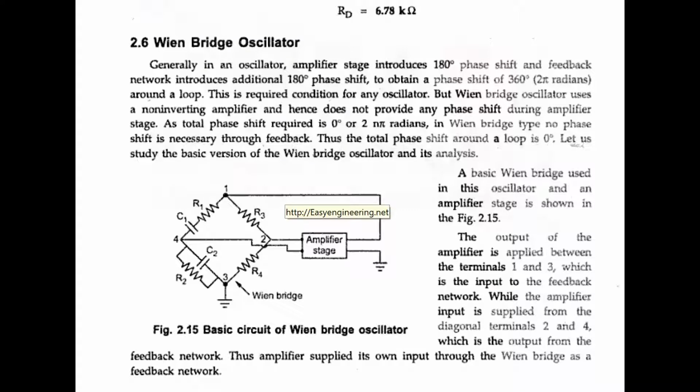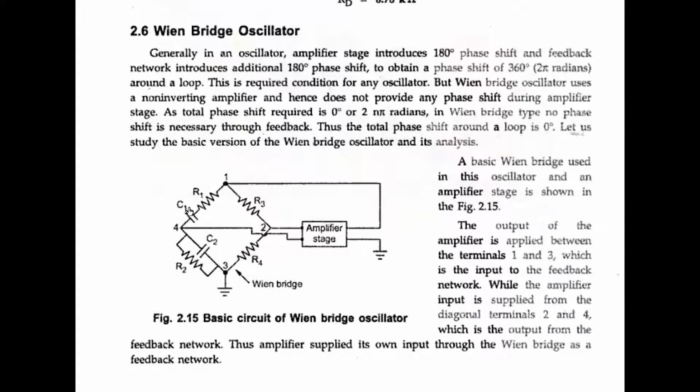So just tell me one thing. The value of the impedance of a capacitor, is it directly proportional to frequency or inversely proportional to frequency? Inversely proportional. Very good. It is inversely proportional. So the point is this.